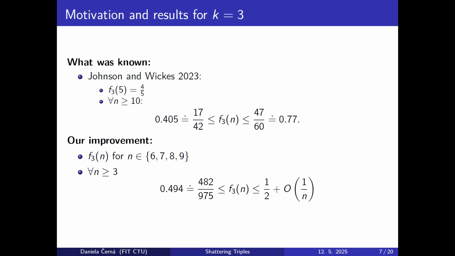But also the values for small n will give me an upper bound for all bigger n's. So I can also find the upper bound this way. And then the lower bound was found using a theorem from Johnson and Wickes and finding a good enough family of permutations that shatters enough.